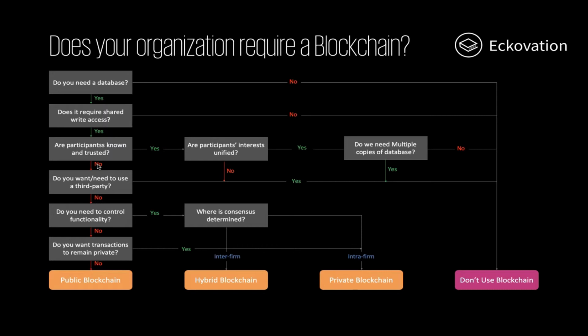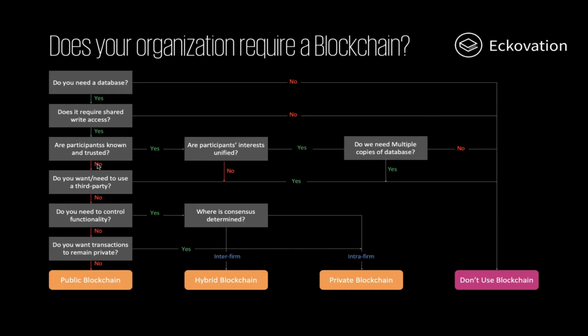So now you don't need a third party, you need multiple copies of the database, you don't trust the participants also, and you don't want a third party for any reason. You don't even trust the third party, or the third party hasn't delivered properly, they make wrong use of your data, or they charge very high. Any reason it can be.